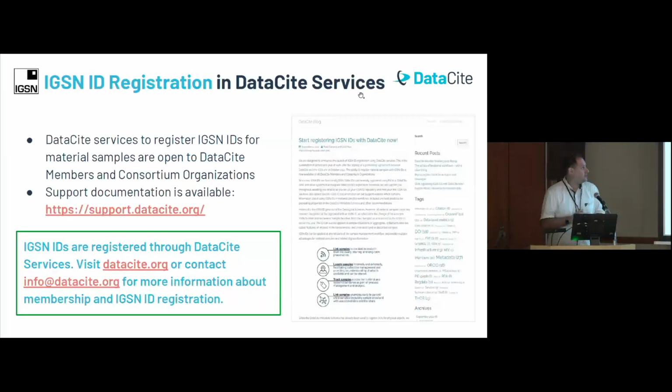A little bit about the technicalities of registration. Through the partnership, DataCite services to register IGSN IDs for material samples are open to all DataCite members and consortium organizations. We have support documentation. If you're interested, you can contact me about this.